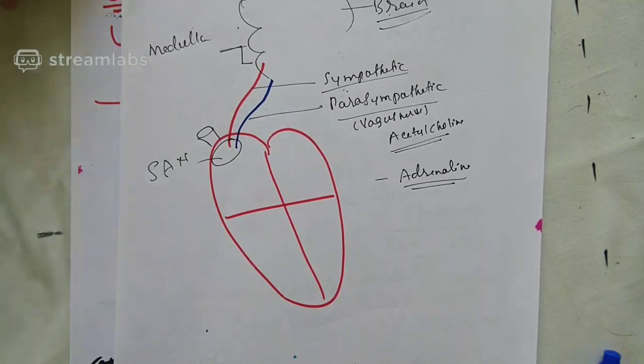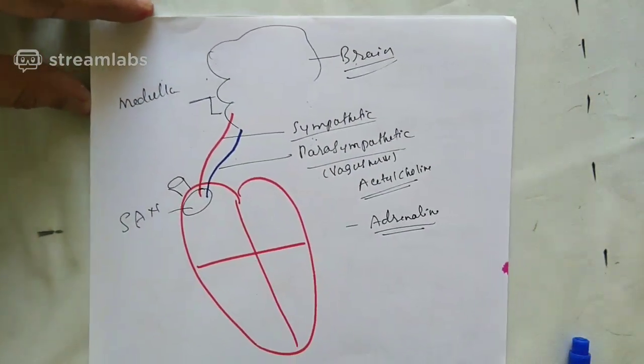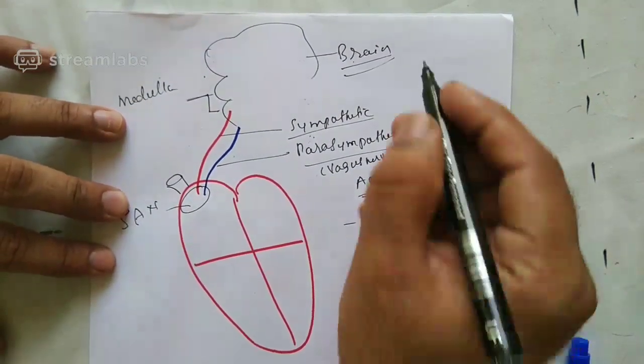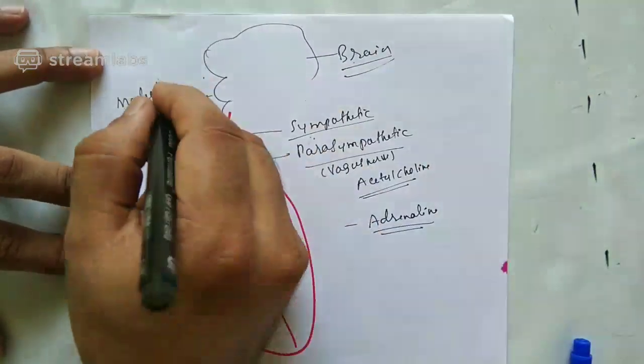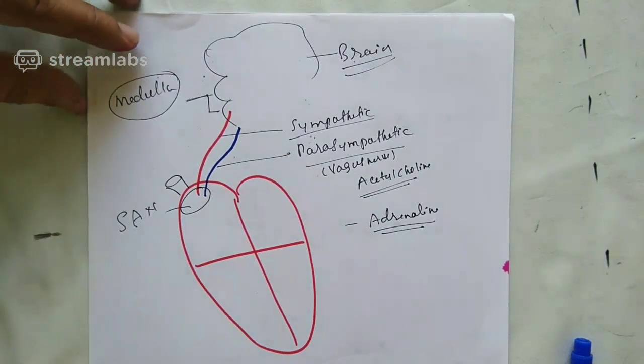We are moving on to the regulation of the cardiac function. Quickly see here. It's a brain. Which part of the brain controls the cardiac function? It's the medulla. The medulla oblongata controls cardiac function. How? See here.